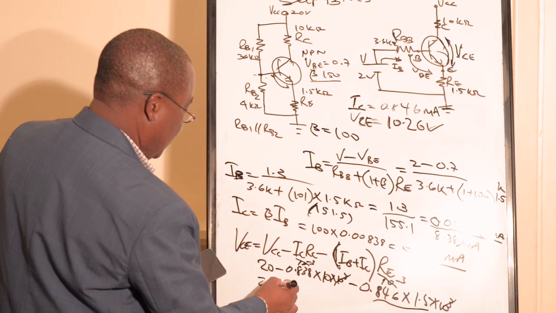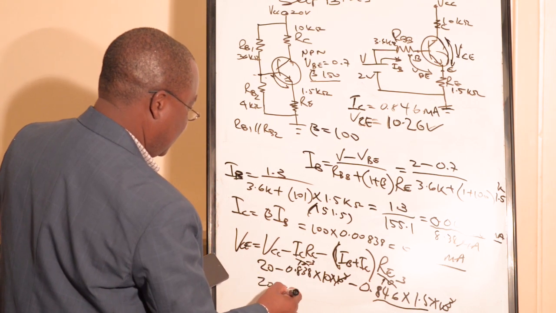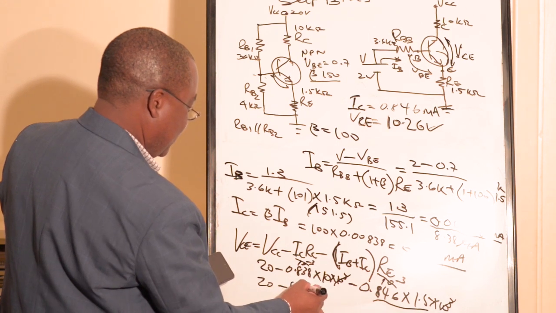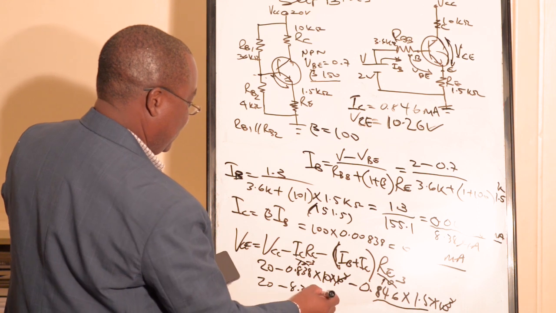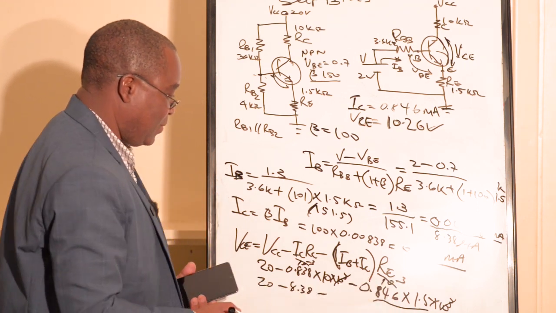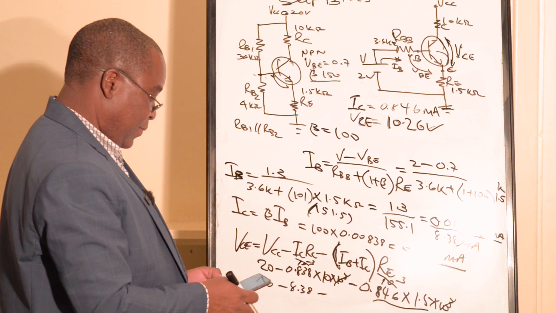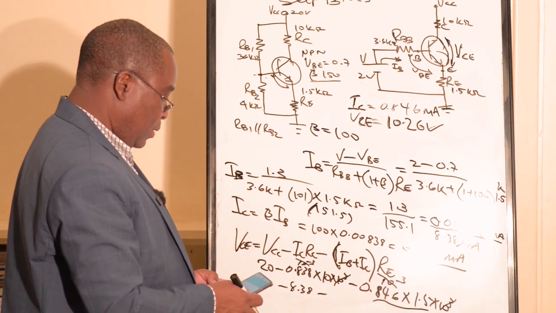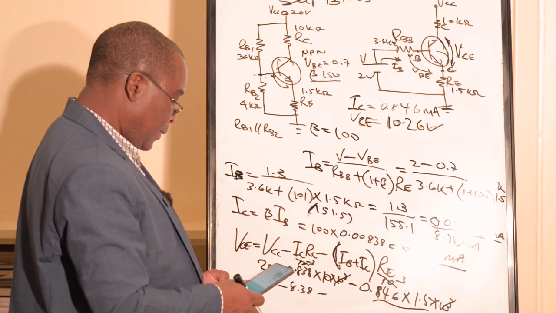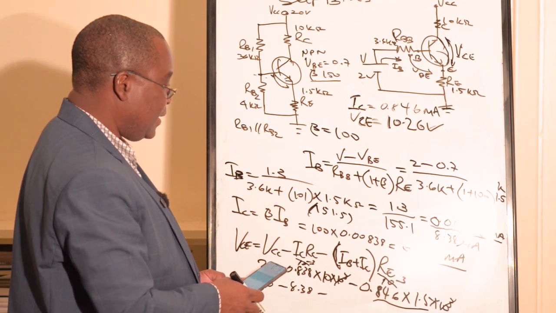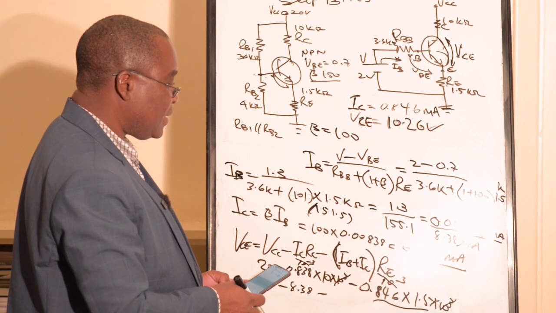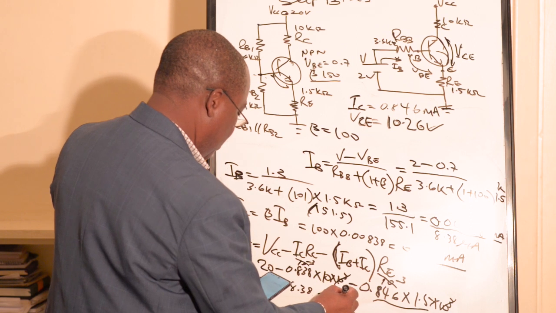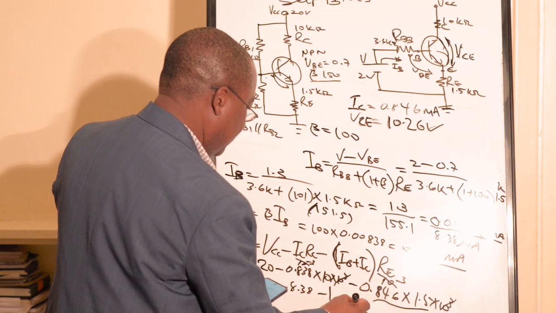So here is 20 minus, then 0.838 times 10 is 8.38, minus, we take our calculator again, 0.846 times 1.5, we have 1.269.